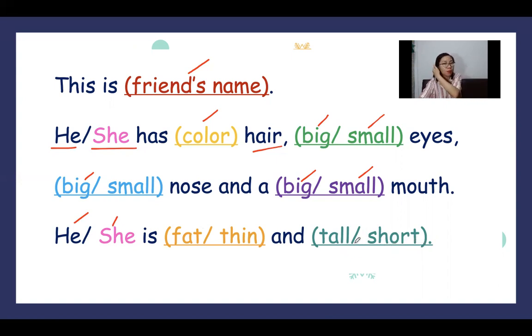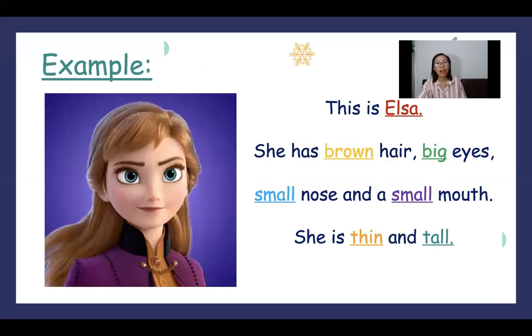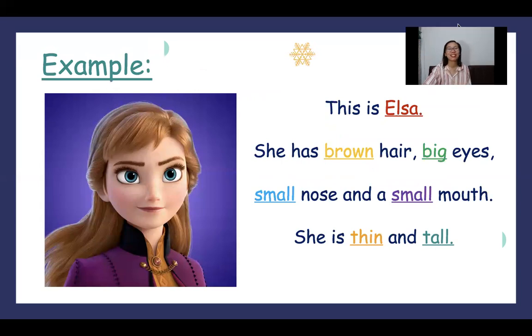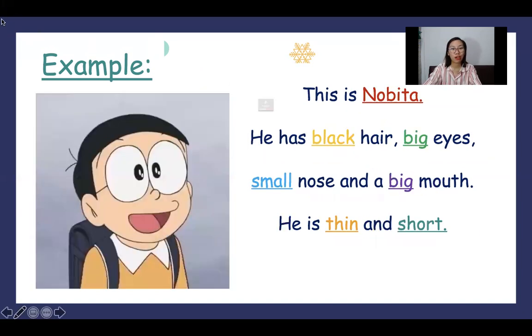So for example, again, today we will practice reading what you have written. Okay, so let's try. I have here my best friend. My best friend is, what's her name?